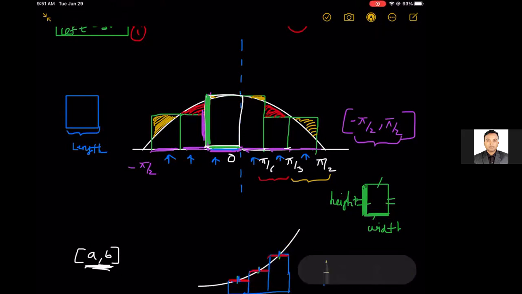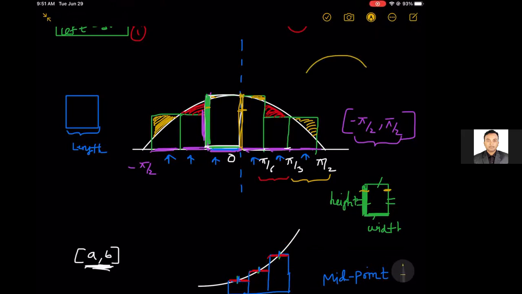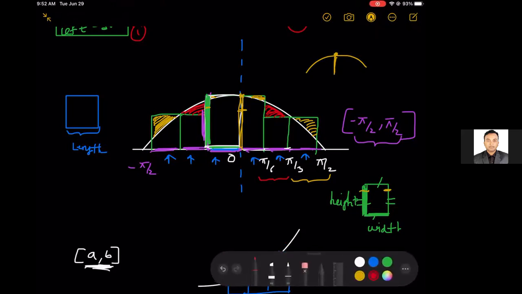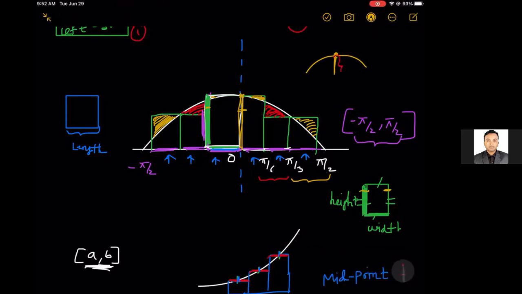Because this length, as I said, is equal to this, and this length, you can see it is touching the curve at its peak. So that means it's like this. This is the length we are trying to find.